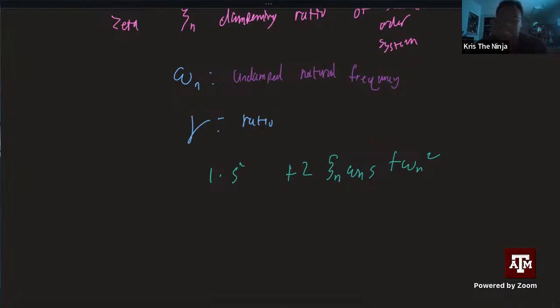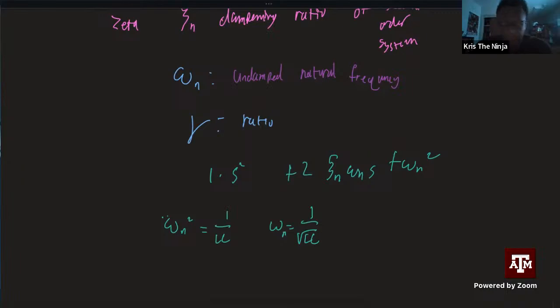So just to plug everything in and show how this breaks down, we know that omega n squared for the RLC circuit equals 1 over LC. So omega n equals 1 over square root of LC.